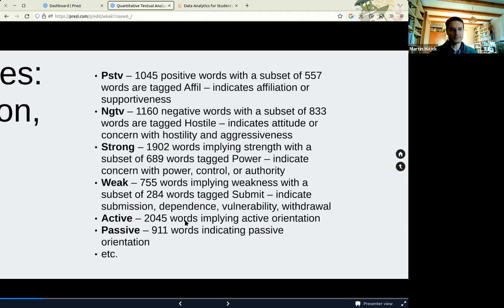And so they had these two sets of letters, and they carried out the analysis, and they found differences in the occurrence of various categories of words.